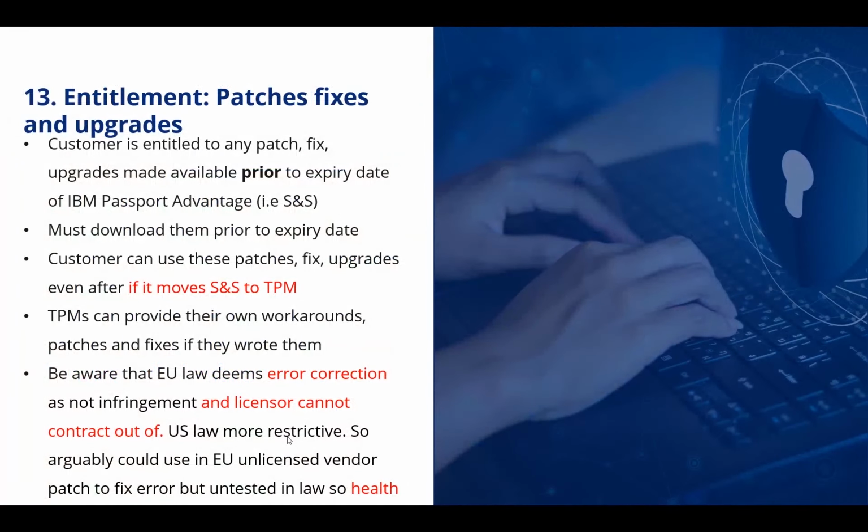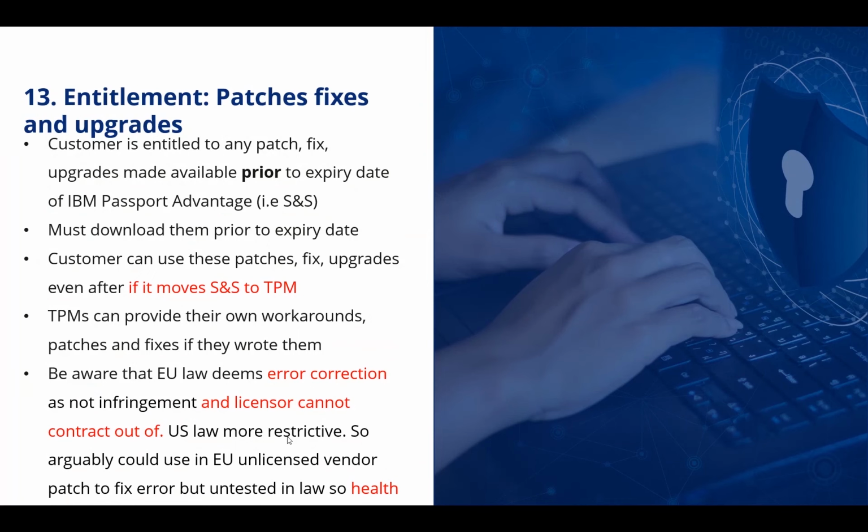So just finally, before we move on to some questions, often asked about patches, fixes, and upgrades. Any customer with a current IBM Passport Advantage agreement is entitled to any patch, fix, and upgrade which is, for instance, on Fix Central. They can download them prior to the expiry date of that agreement. Not only can they download them, but they are then entitled to use those after they terminate their Passport Advantage agreement, and let's say move to a third-party maintainer.